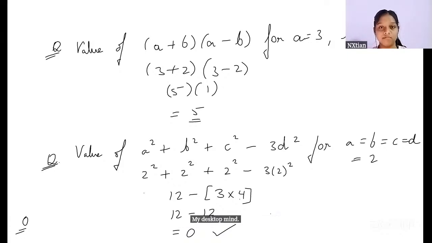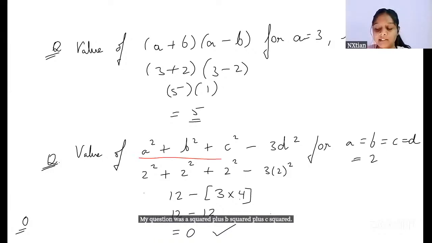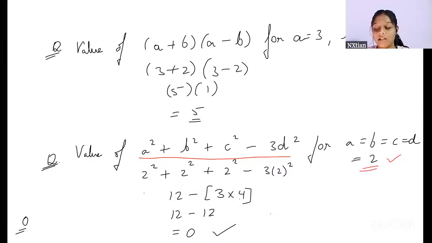Can you just explain what was going on? I gave this question to try out. The expression was a squared plus b squared plus c squared minus 3d squared, and the value of all 4 variables a, b, c, d was 2. Then we had to substitute the values and solve.